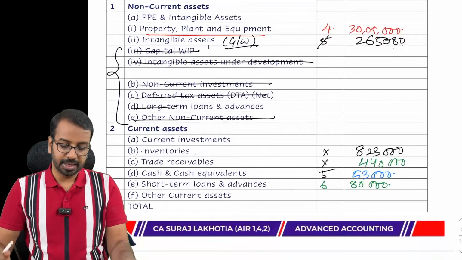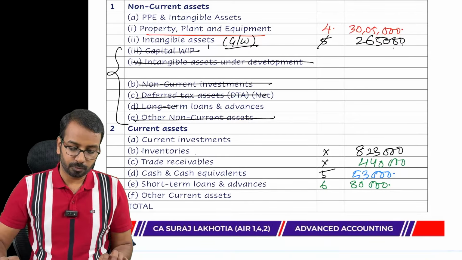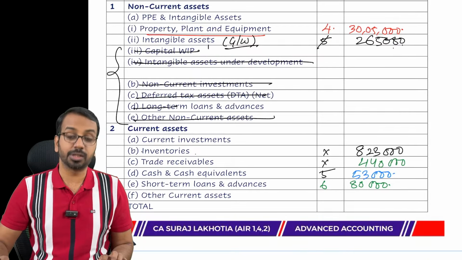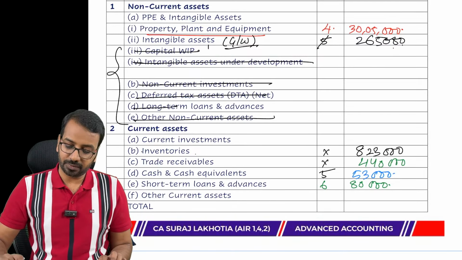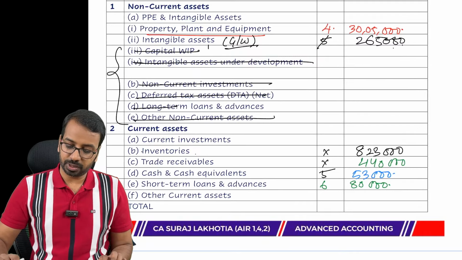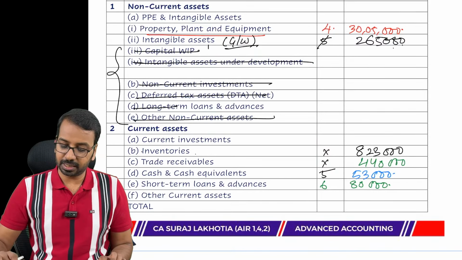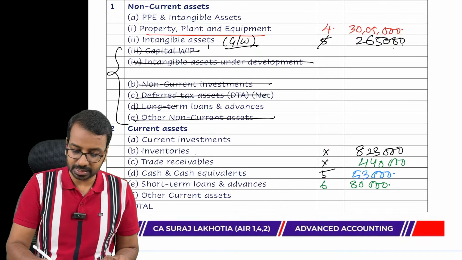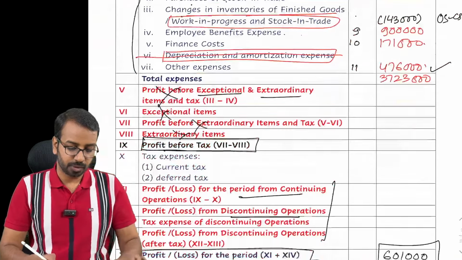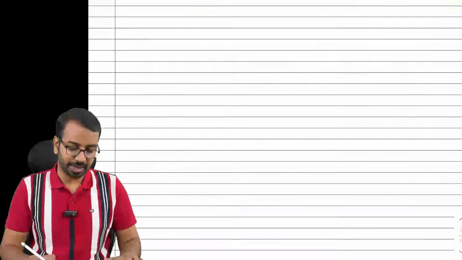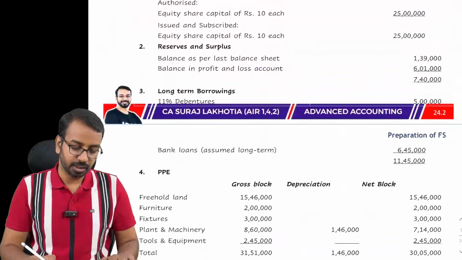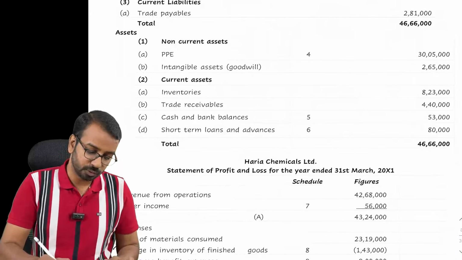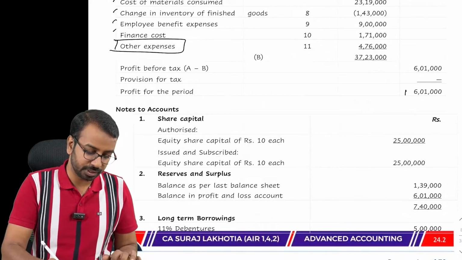And 3,05,000 plus 2,65,000 plus 8,23,000 plus 4,40,000 plus 53,000 plus 80,000, 46,66,000. Okay, so we can just cross-check once with the solution that I have printed. So yeah, 46,66 and profit is 6,01.